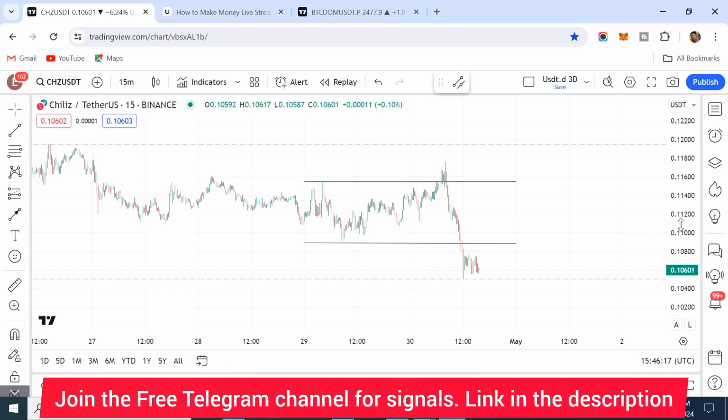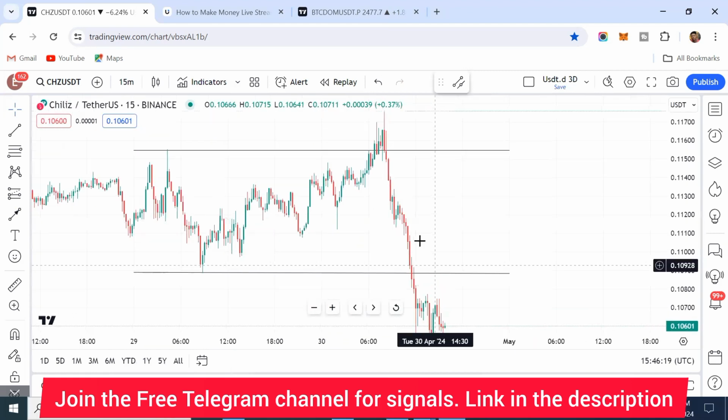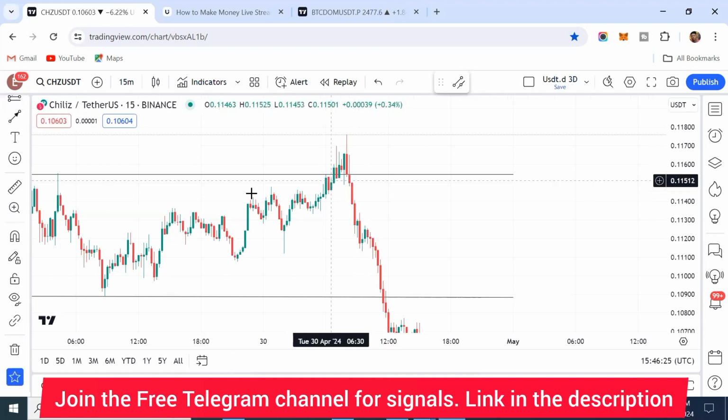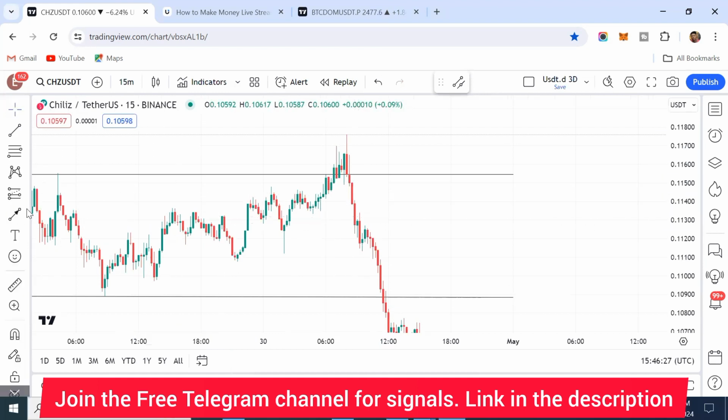So this was where we had a sweep. We had a sweep of liquidity from here. This is our recent sweep of liquidity. This area.